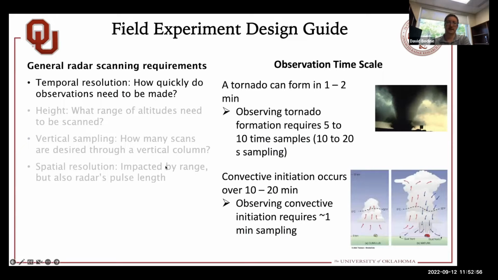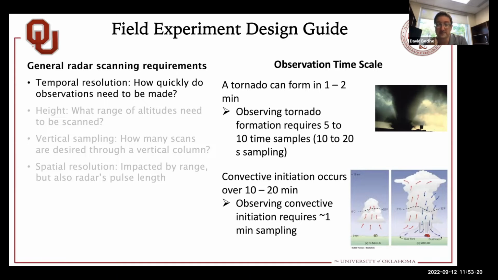When we're designing a field experiment, there are several things we need to consider before we set up our radar scans. Fundamental to this is the temporal resolution: how quickly do we need to make observations? This depends on how fast the phenomenon we're looking at is evolving. For example, a tornado could form in just 1 or 2 minutes.